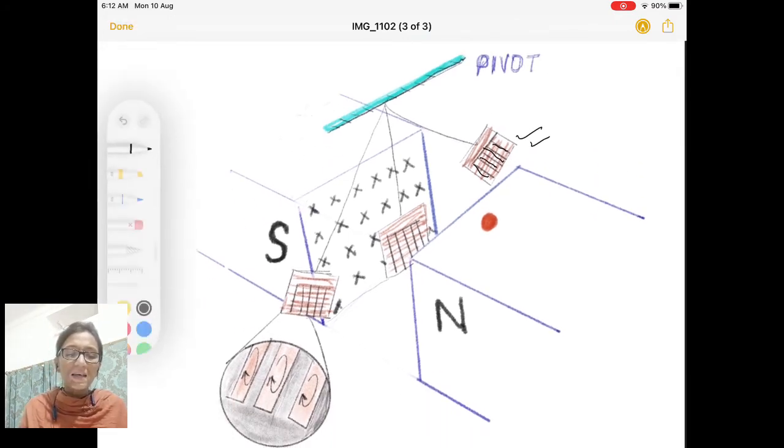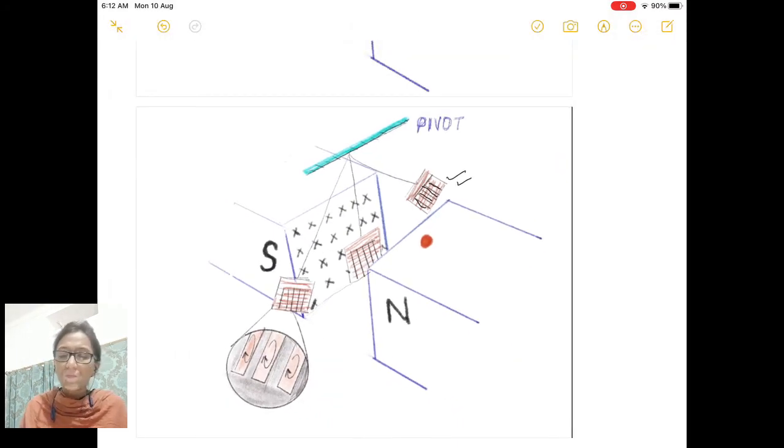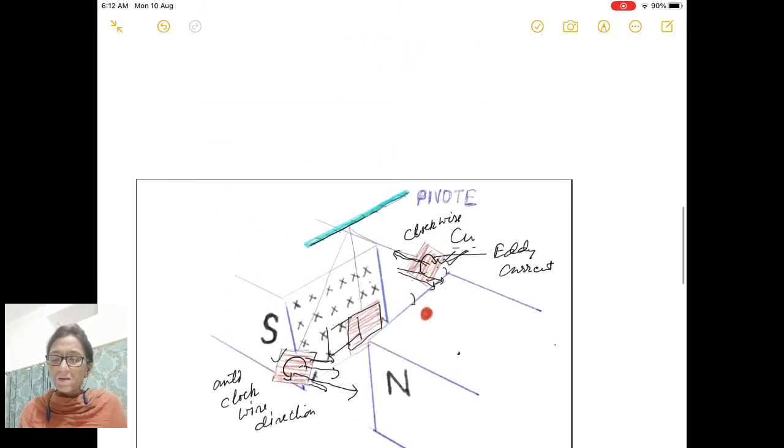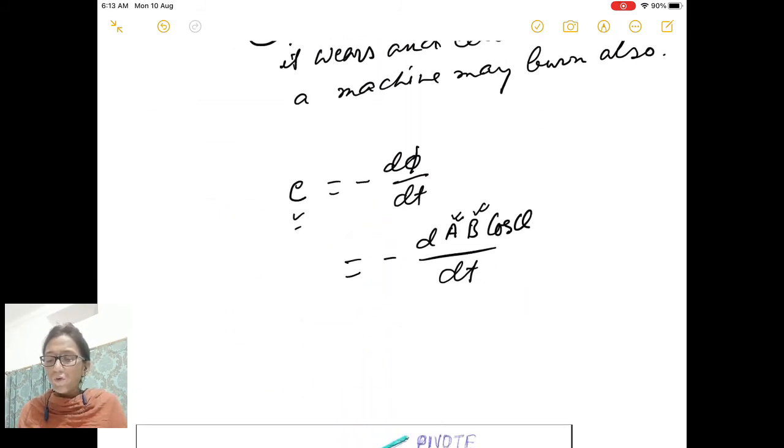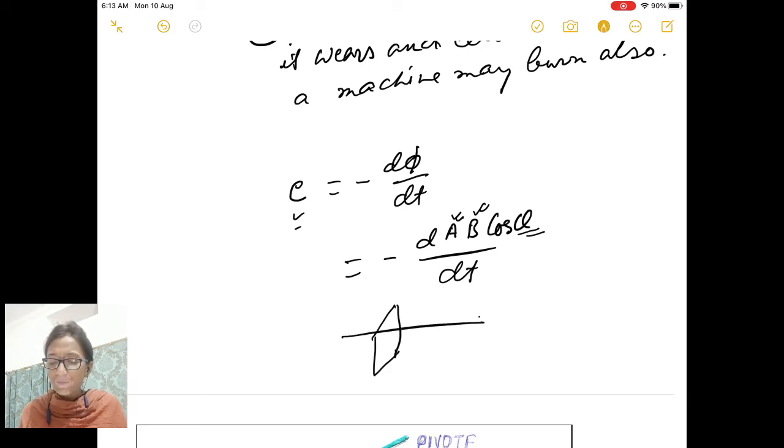Now the second thing: if you make the angle between the area vector and the magnetic field vector 90 degrees. Here the area vector and the magnetic field vector are at 0 degree.